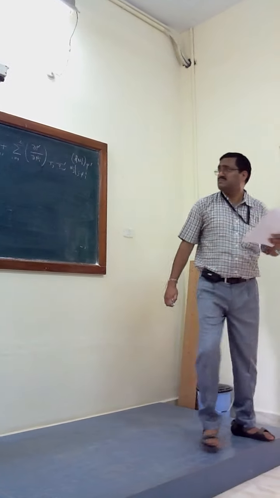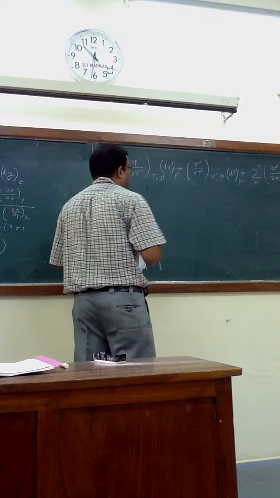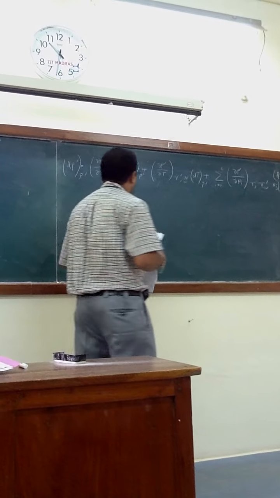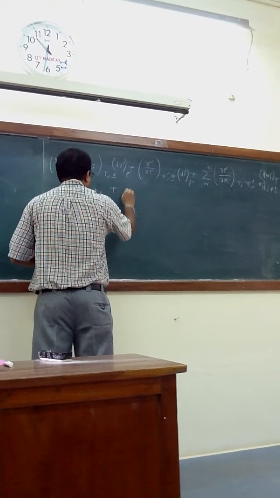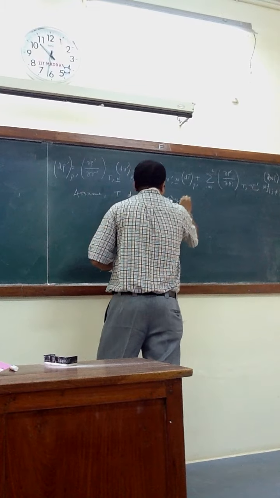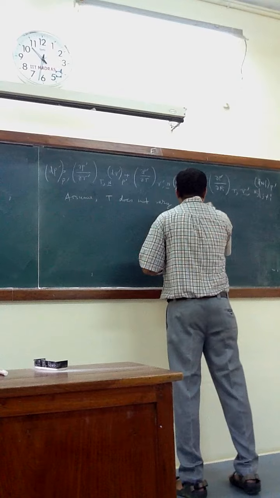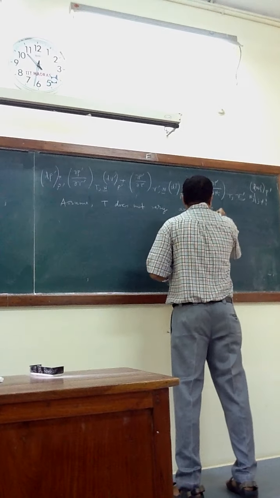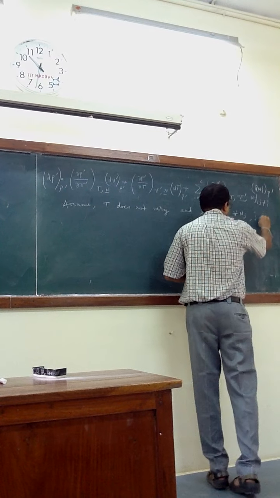Also, here in this system, the entire system, T is also assumed not to vary. And similarly, for all nj, j not equals to 1.